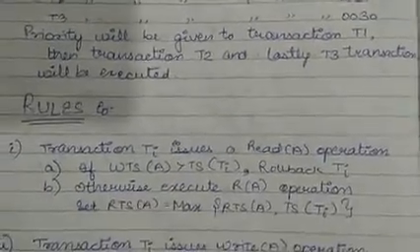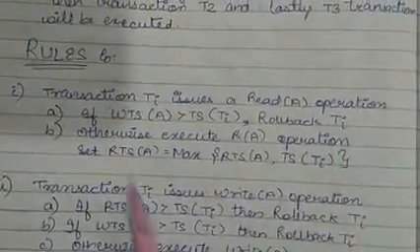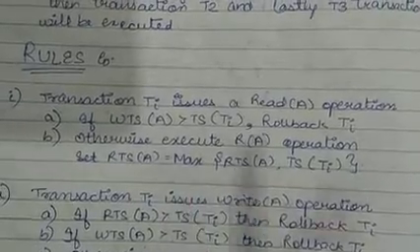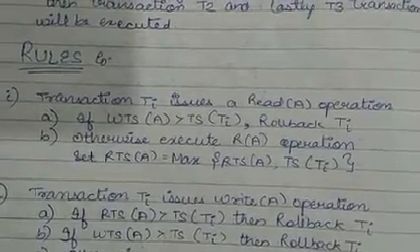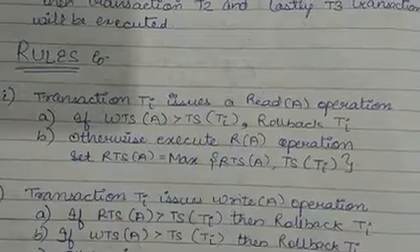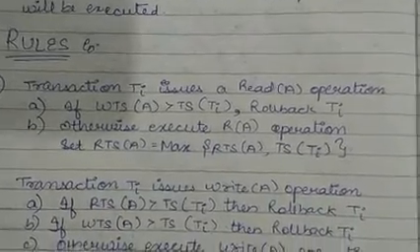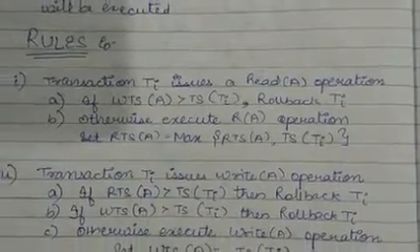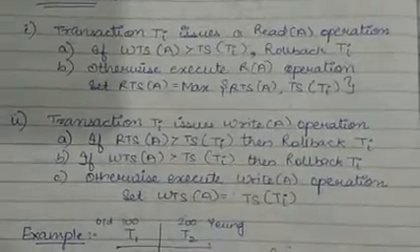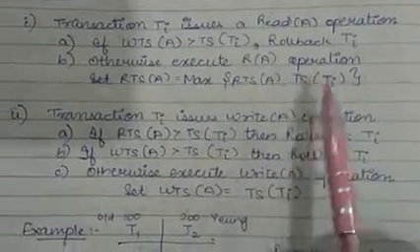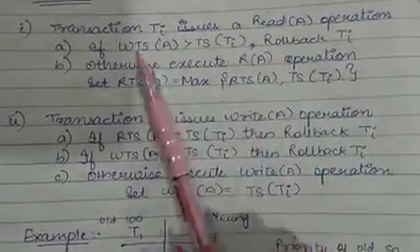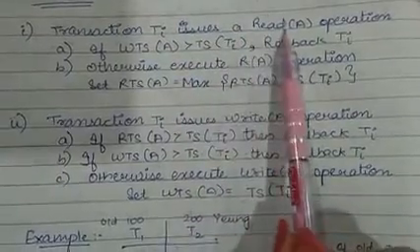Here we have some rules for the timestamp based protocol and how we are going to solve our questions. These are some specific rules which can help us in solving the questions. Rule number 1: transaction Ti issues a read A operation.